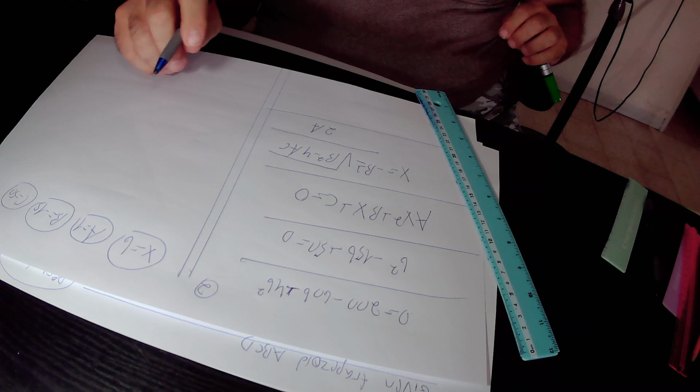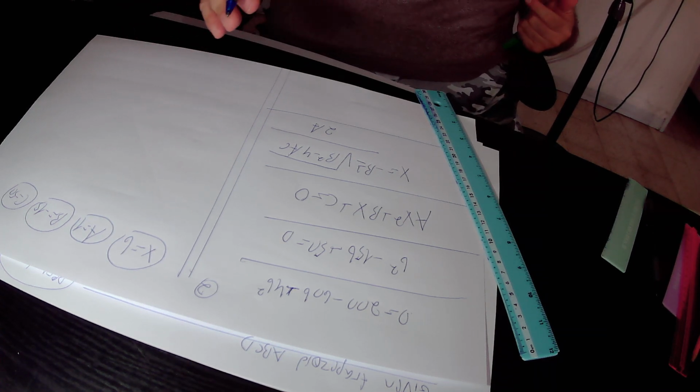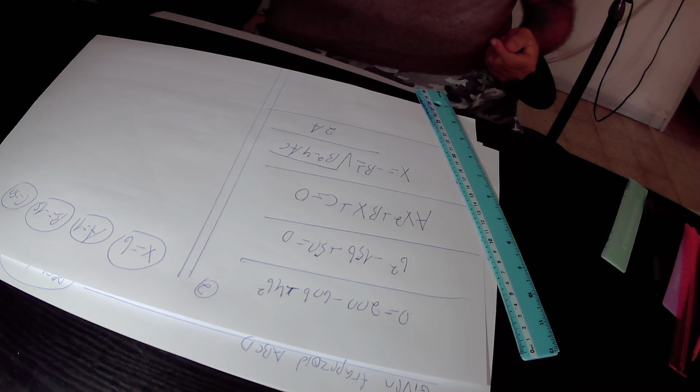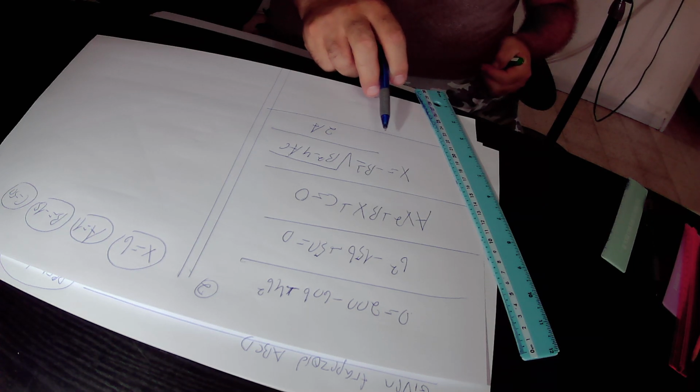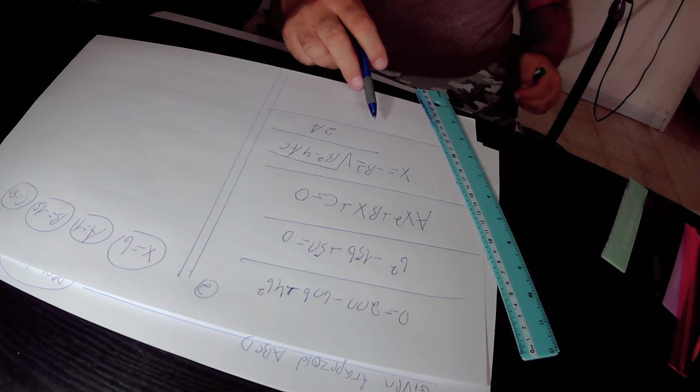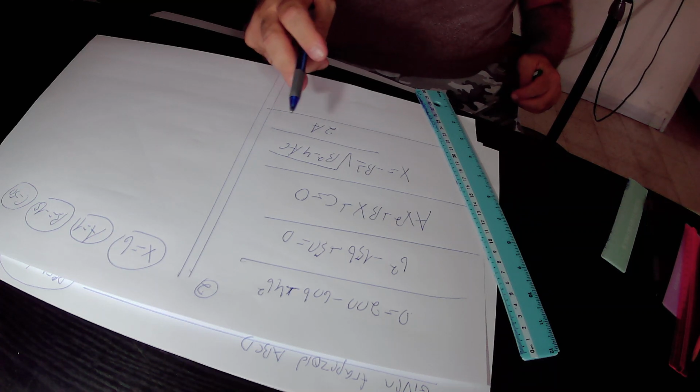So the only thing that is left to do is to put the data for our specific quadratic equation inside this general formula for x, and we find out the values of b, because x equals b.